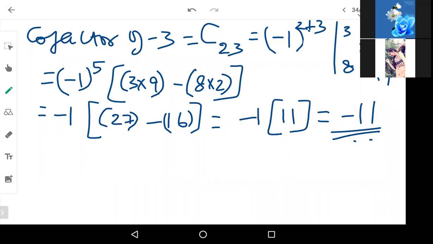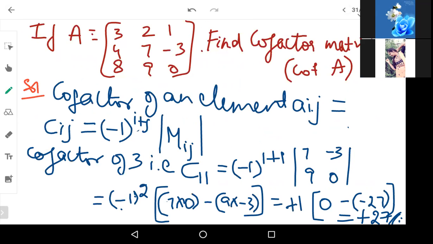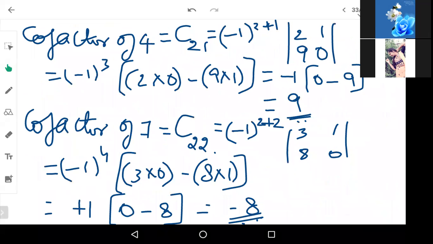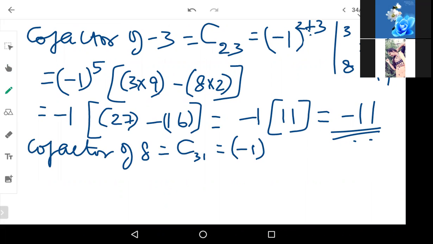Now can you solve the cofactor for the last row and tell me the answers? What is the last row? 8, 9 and 0. Solve for 8, 9 and 0 and tell me the answer. What is the cofactor of 8?